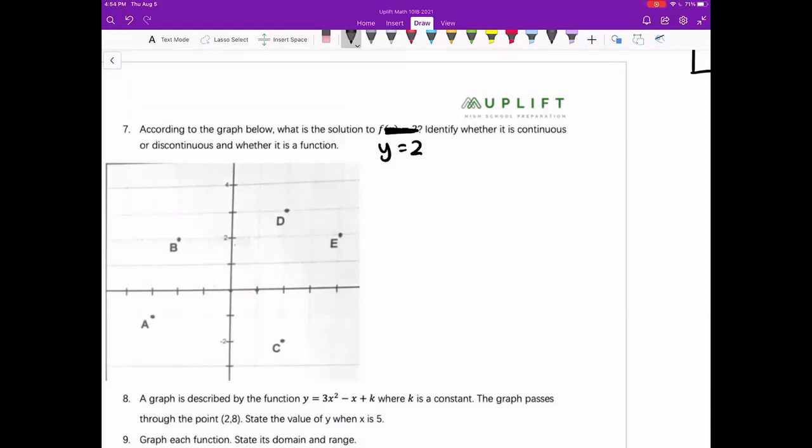So for the y is equal to 2 thing, just find the points which have a y equal to 2.